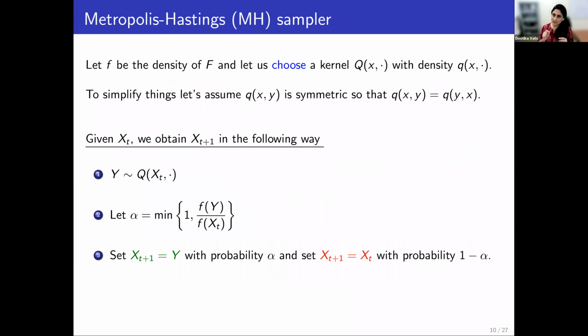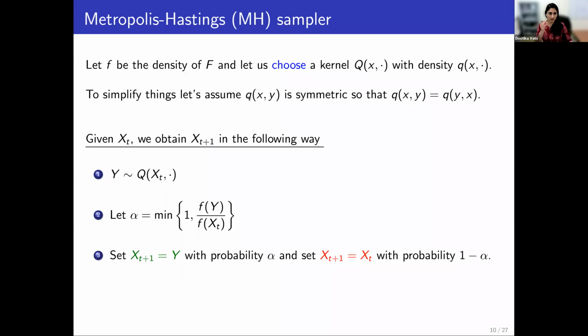This kernel Q has an associated density small q. The proposal kernel will depend on where I am right now, because, for example, the center of the box was where you were at that particular point. To simplify things, we'll assume that Q is symmetric, in the sense that q(x, y) is equal to q(y, x). This is not a necessary condition, but it's just cleaner notation for the purposes of the talk today.